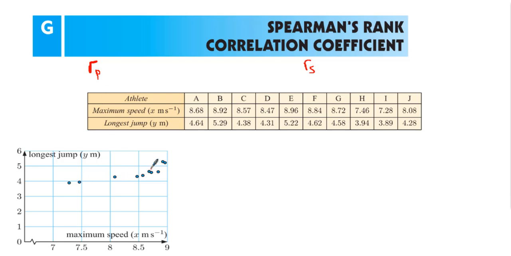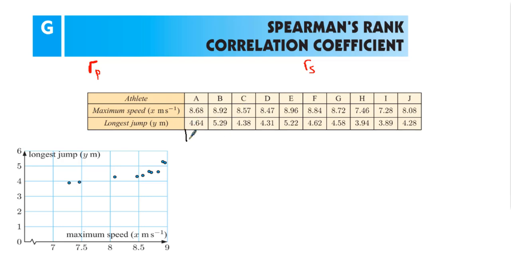But when we do not see such a correlation on a scatter diagram, we will try to use Spearman's rank to see how well they are correlated: is it strong, moderate, or weak. So how are we going to do the ranking? It can be from the lowest to the highest or from the highest to the lowest, it doesn't matter.